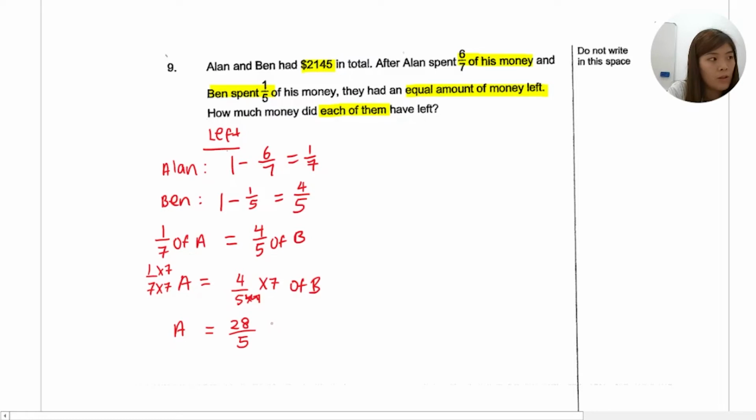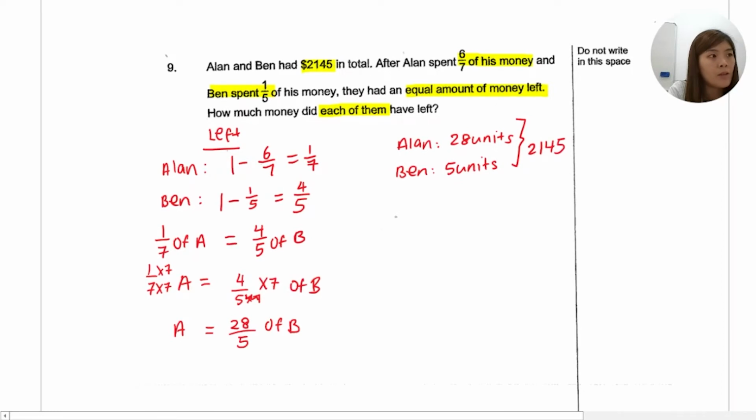So meaning to say Alan is 28/5 of Ben. Meaning Alan 28 units, Ben 5 units.